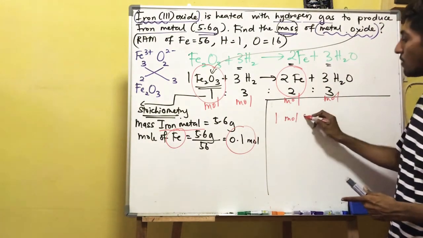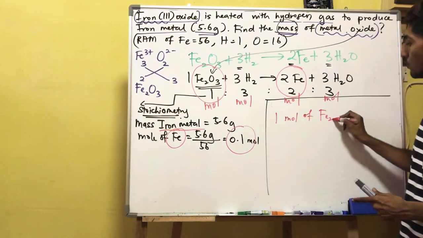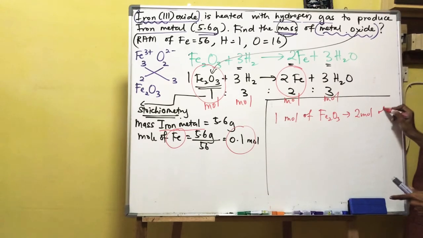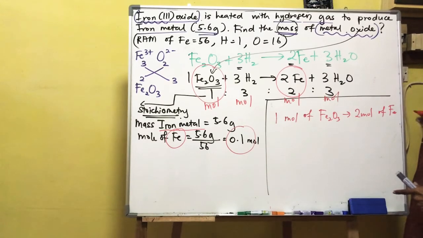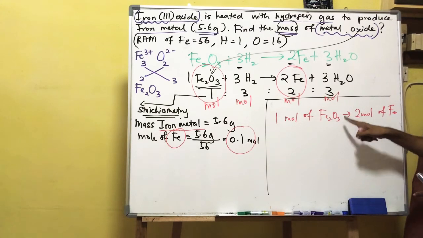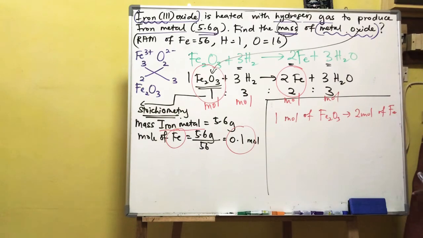So 1 mole of Fe2O3 will produce 2 mole of ferrum metal. Right?